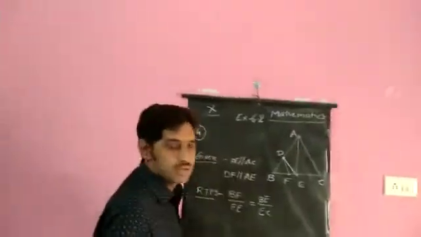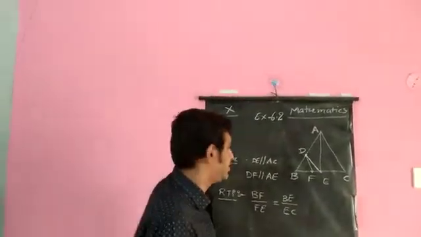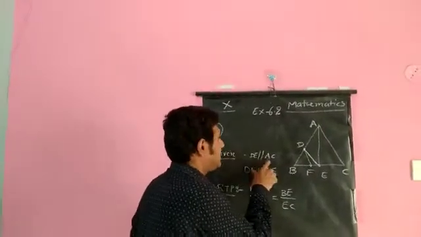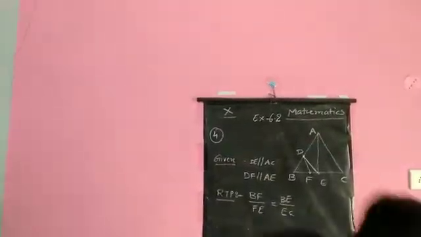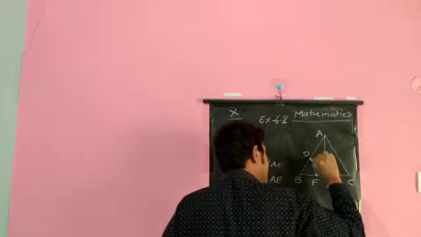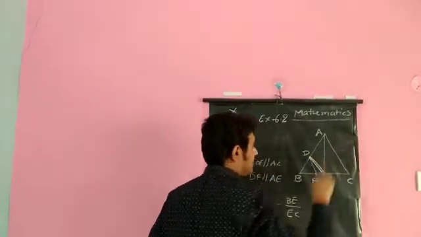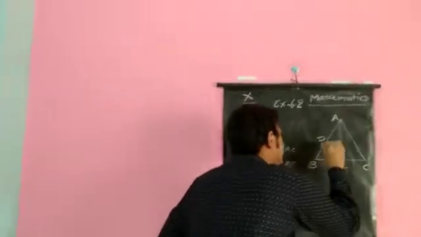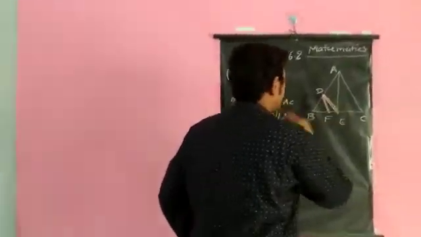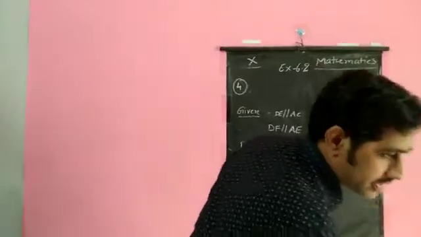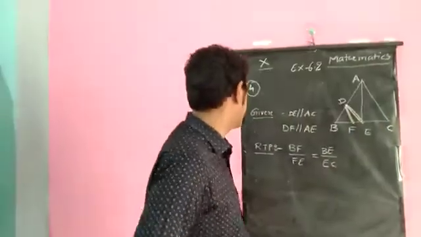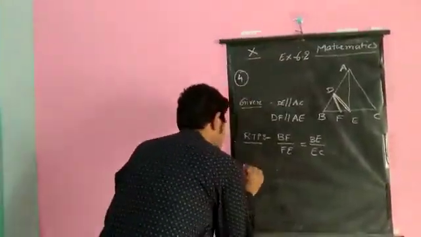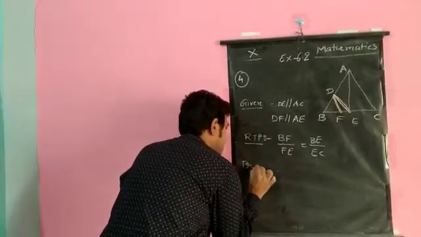To solve this, we need to understand the diagram clearly. What is given? DE is parallel to AC, and DF is parallel to AE. For this, we take two triangles in a similar fashion to the previous question and apply the basic proportionality theorem.